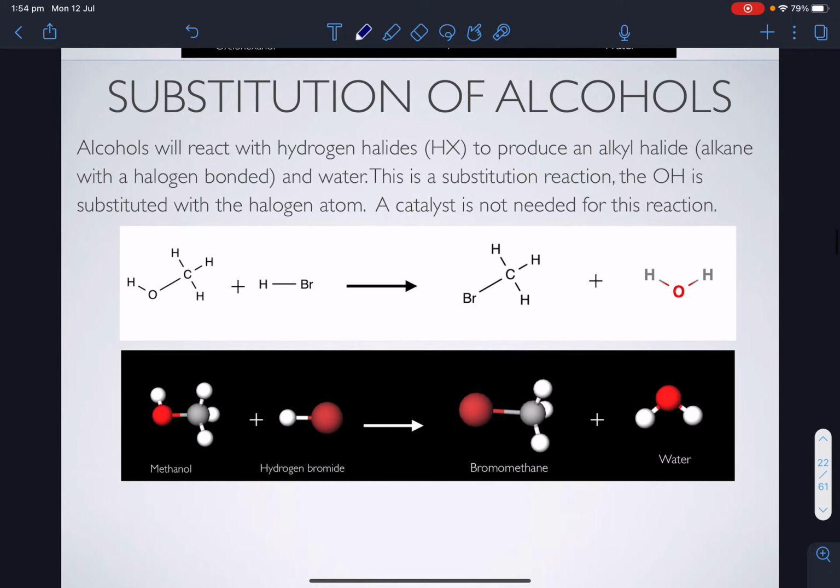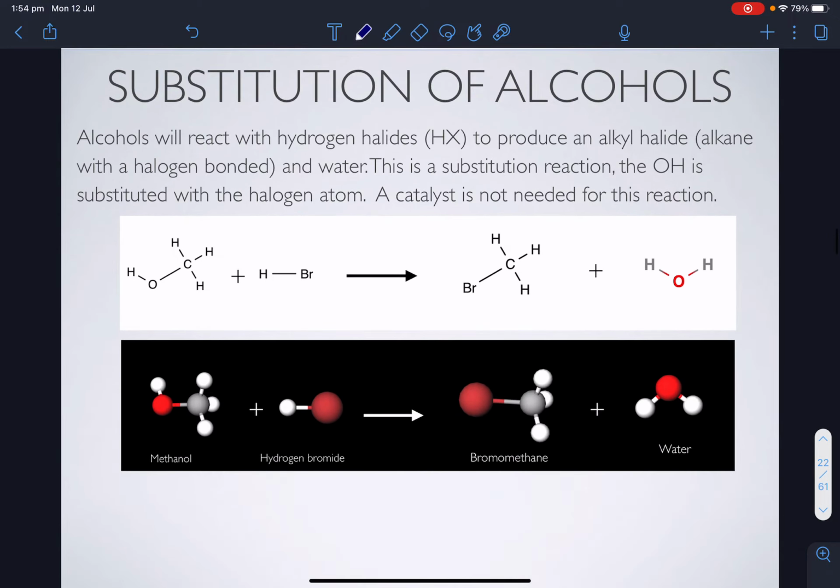Okay, let's look at another one. Here we've got a substitution reaction. We talked about substitution before when we were talking about alkanes. Here we're substituting the alcohol group for a halogen. So in my example, I've got methanol and hydrogen bromide, and we're going to do a swap of the partner there. The OH is going to go over the H, and the Br is going to take its place.